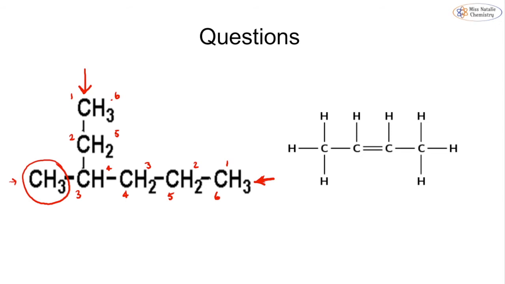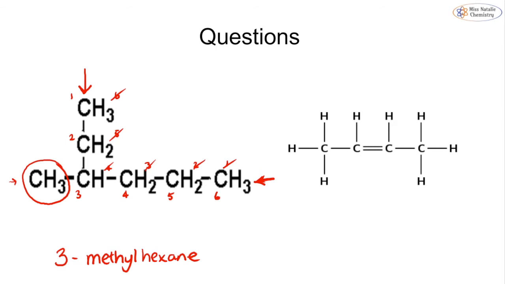We want the lowest number, so we're going to get rid of that numbering system and we're going to keep the bottom set. So my chain is on carbon 3, it is a methyl, and the alkane with 6 carbons is hexane. So this is 3-methyl-hexane.